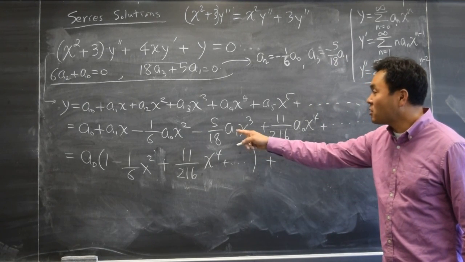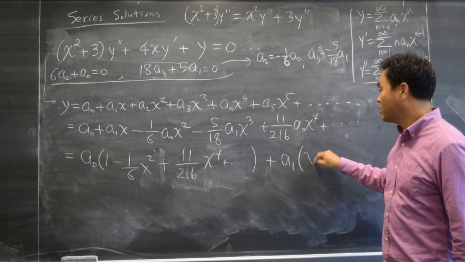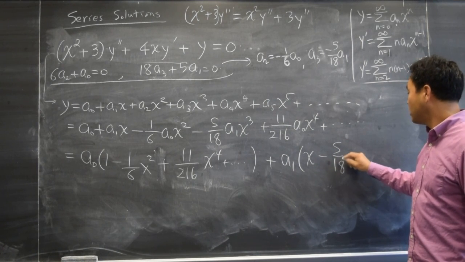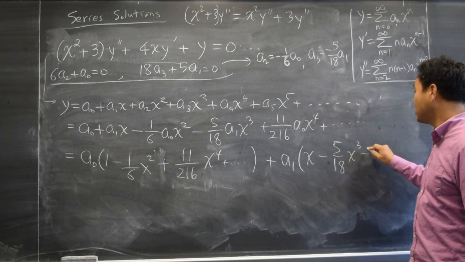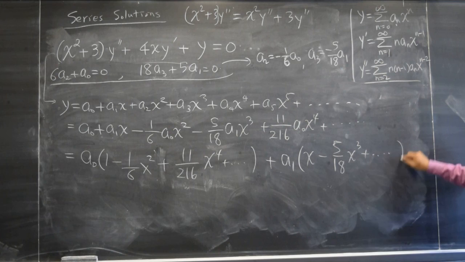Then there's another one with A1s in there: A1 times x, A1 times 5 over 18 x cubed, and there should be something here that also has A1, but we don't know.